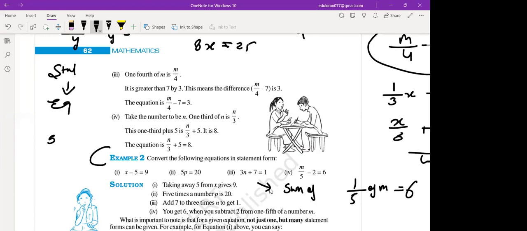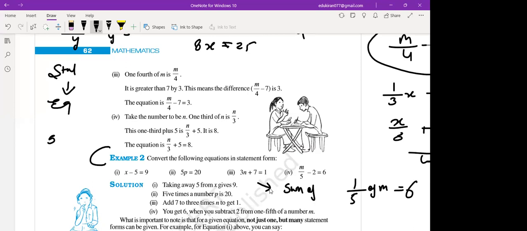See, you will write it like this: adding 7 to 3 times of n. Adding 3 times n and 7 gives you 1, or adding 7 to 3 times n gives you 1.